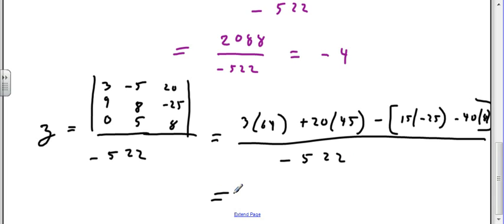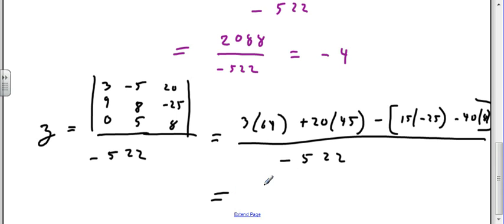All right, so 3 times 64 plus 20 times 45 equals. Okay, so I've got that. Next guy is a plus 15 times 25. Next guy's a plus 40 times 8.